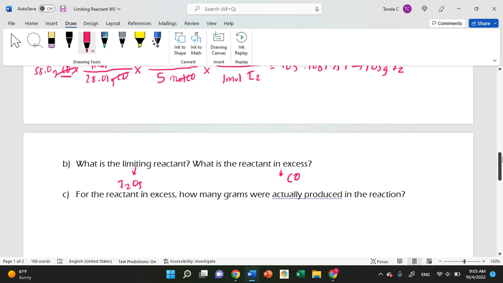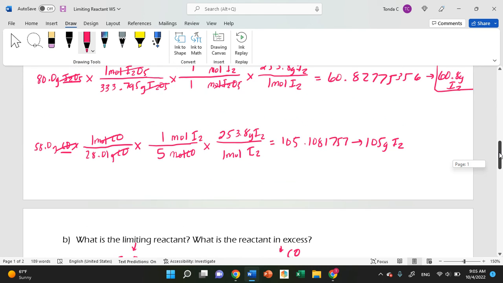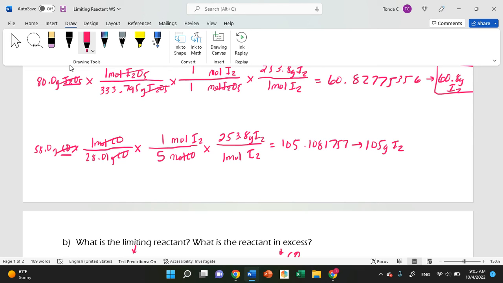Now that we know that diiodine pentoxide is going to limit everything, we need to figure out, well, even though I'm starting out with 58 grams of carbon monoxide, how much did we actually use? So you always start with your limiting because that's what's going to change everything. So if I look at my I2O5, I started with 80 grams of that.